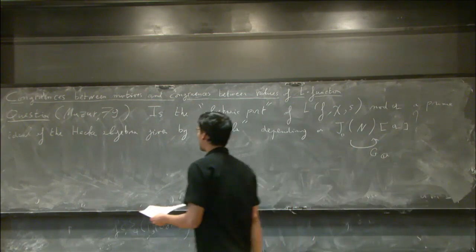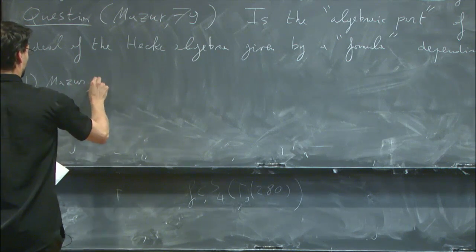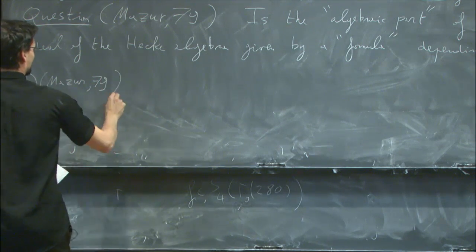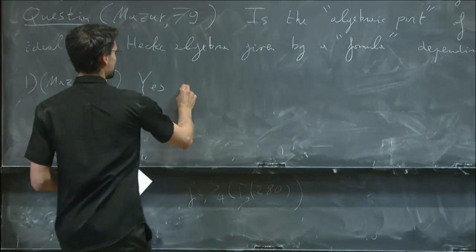And in this talk, I'm going to mention a few historical facts about this question. So first of all, in that very paper, Mazur gives a positive answer if A is Eisenstein.